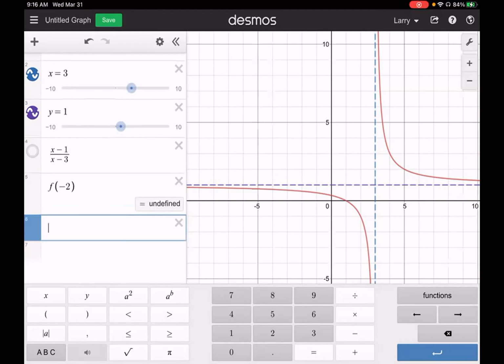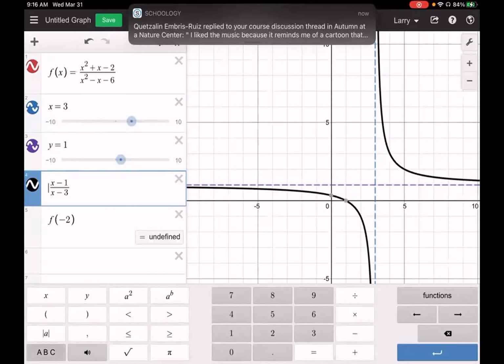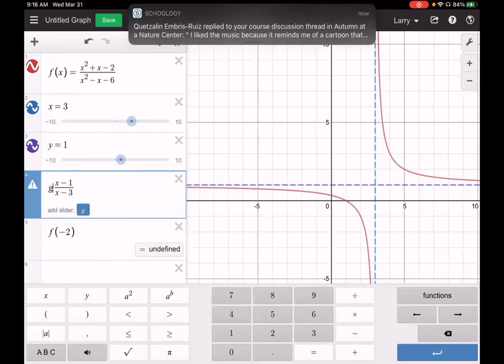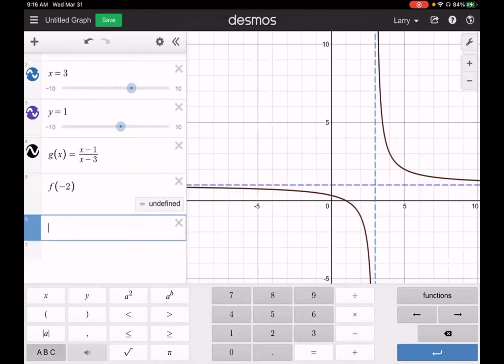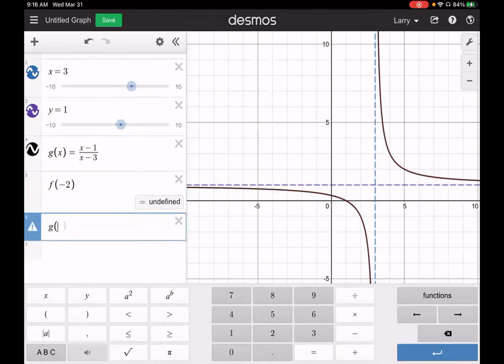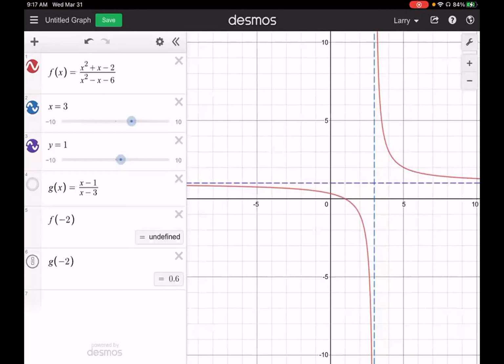Whereas on the black graph, if I call that g of x, if I did g of -2, we actually get that one's defined. So on the black graph, when I scroll and get to -2, we get this value, whereas on the red graph, that was undefined.